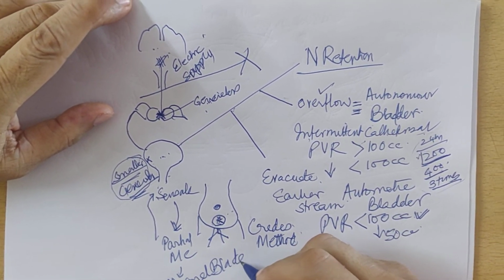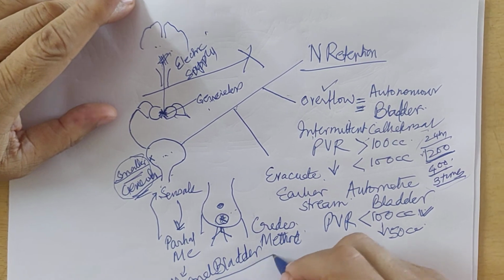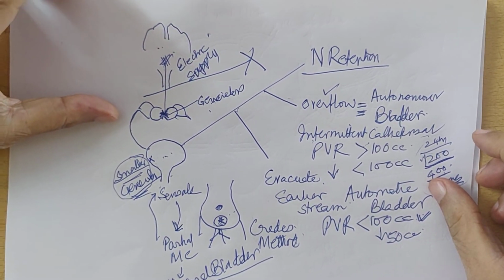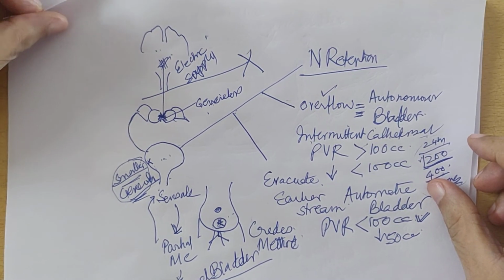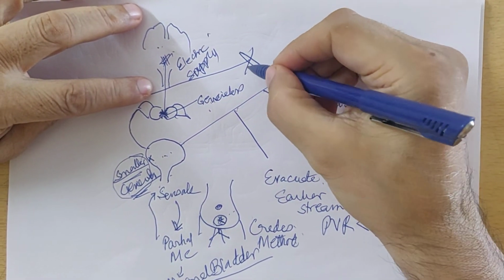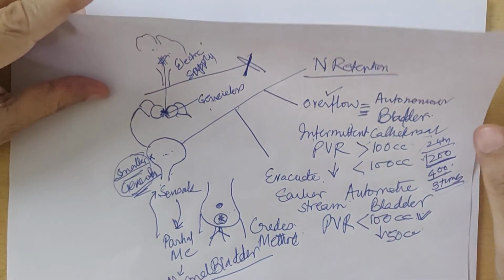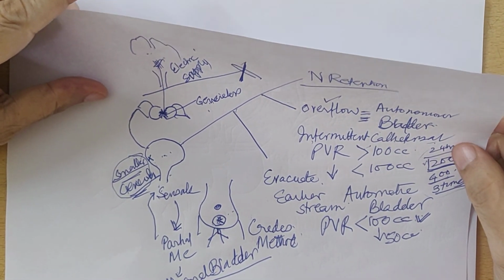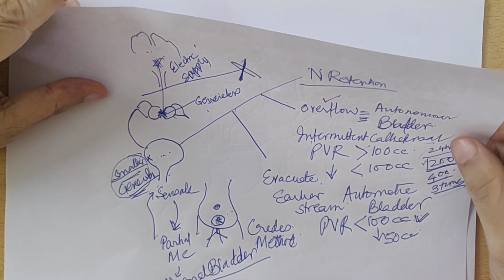So this tells you the sequence of events after there is section of the spinal cord, either in quadriplegia or in paraplegia.